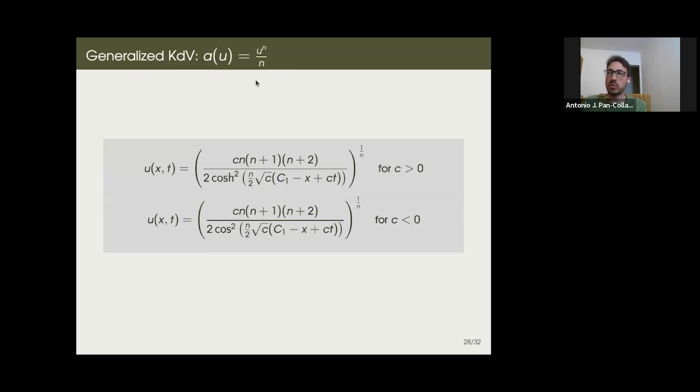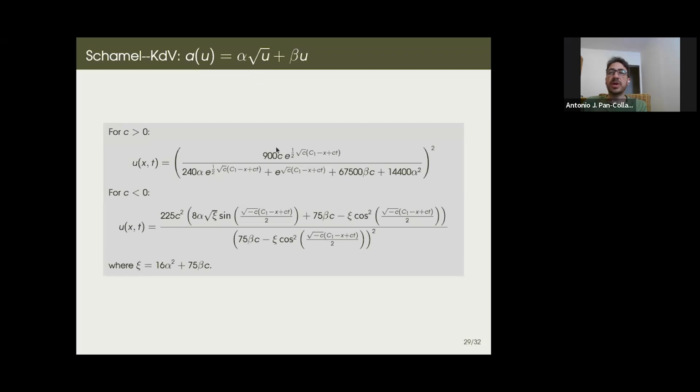This PDE was originally called the generalized KdV equation, but then it was further generalized with a general A. For this version of the KdV, we have these 2 families of solutions which depend on the parameter c, the wave speed, and c1.